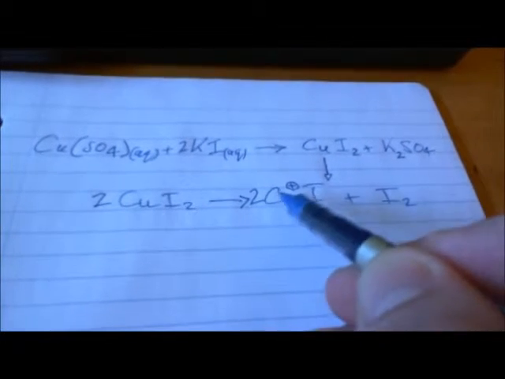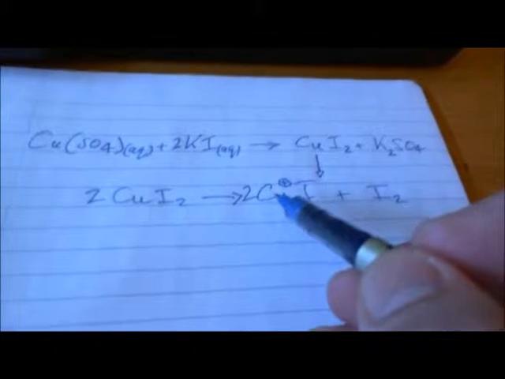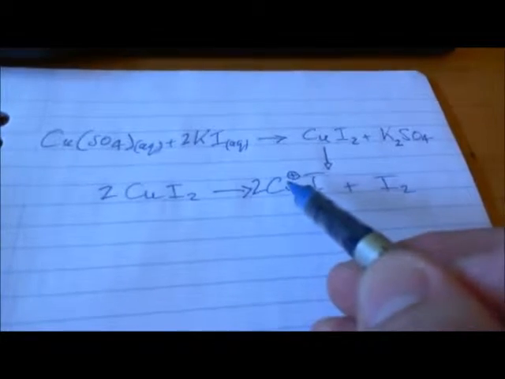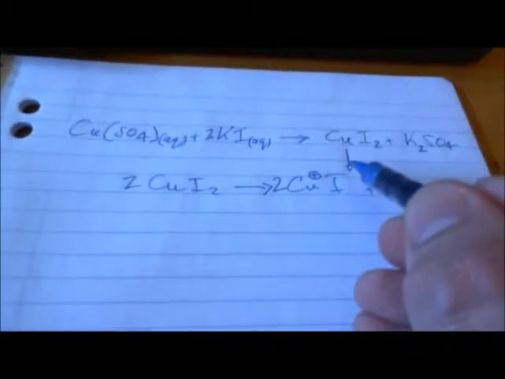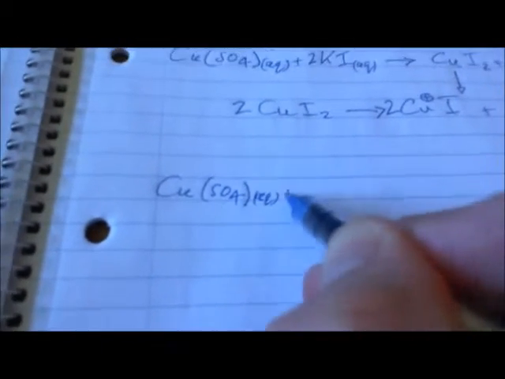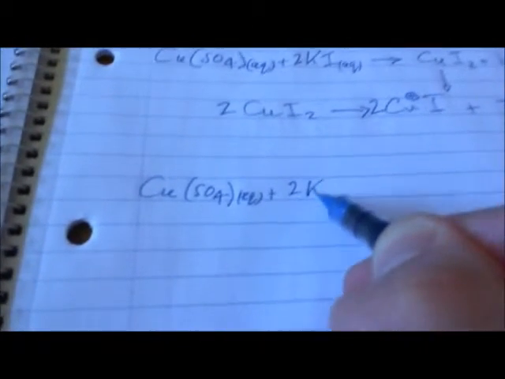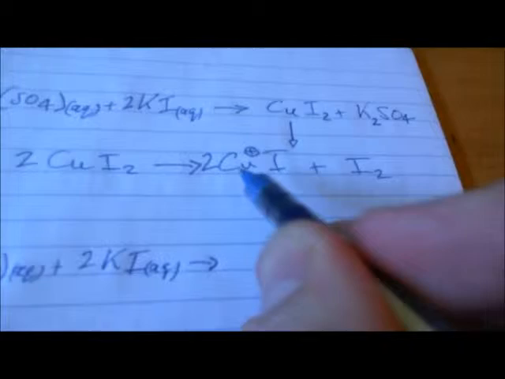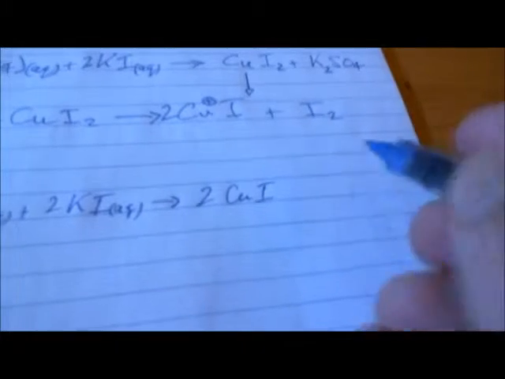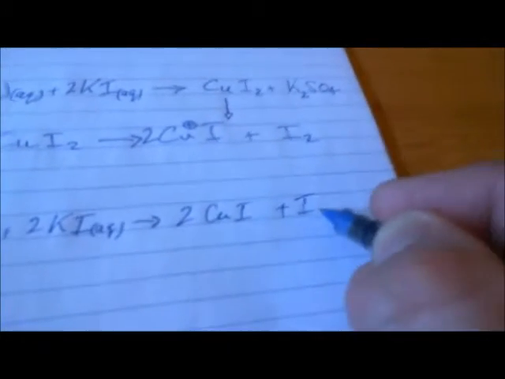So I'm going to go through a couple of steps and see if I can get this to work. Let's start writing it out again: copper 2 sulfate, aqueous, plus 2 potassium iodide, aqueous, is going to yield 2 copper 1 iodide plus iodine plus the potassium sulfate.